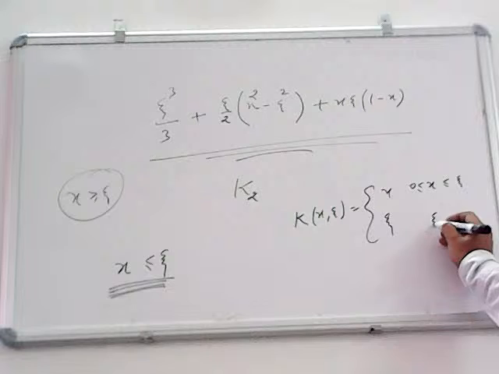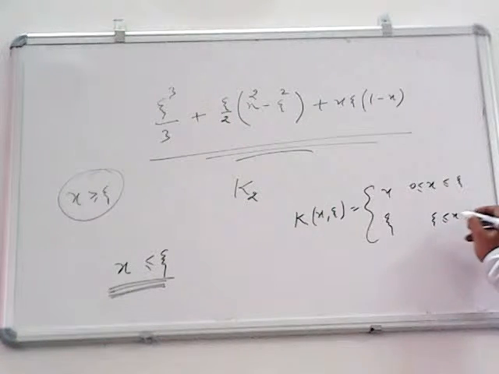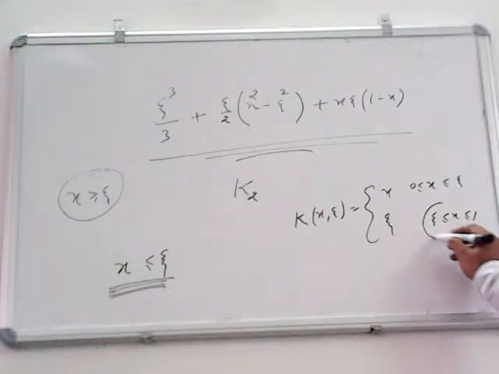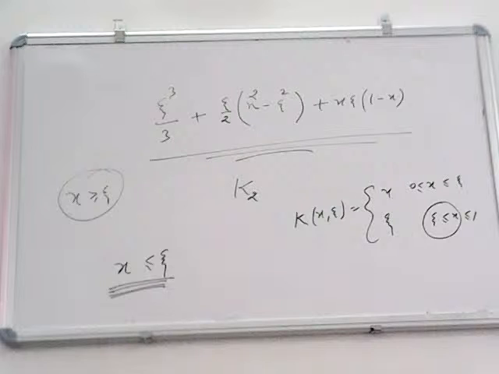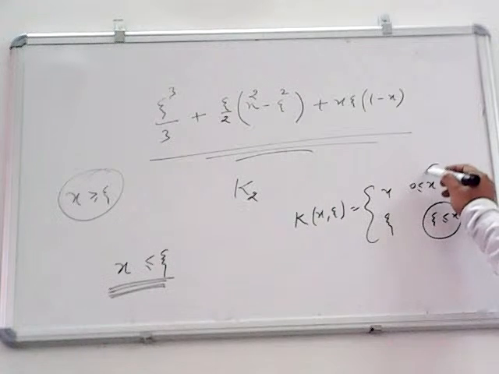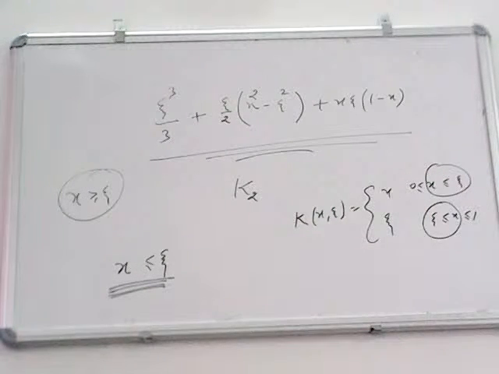And in this case, xi is less than equal to x, less than equal to 1. So in this case, xi was less than equal to x, and in this case, x was less than equal to xi. So we can see that this case is symmetric. The values of x and xi are just interchanged.